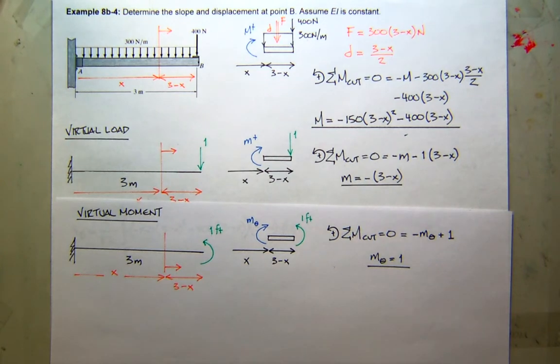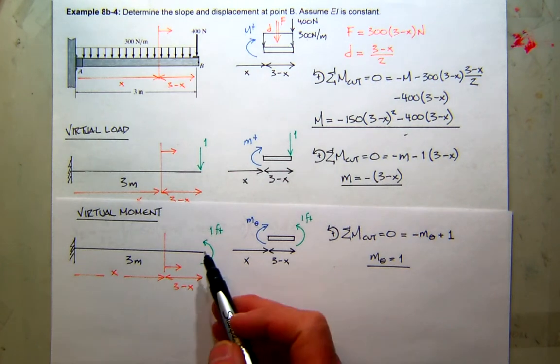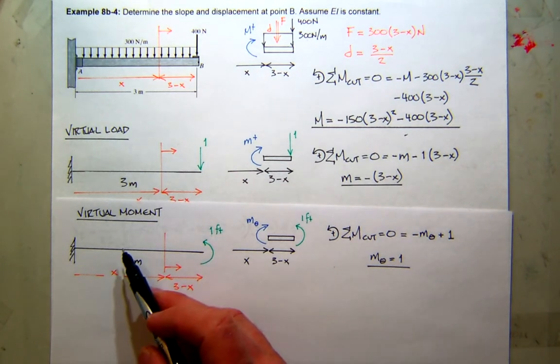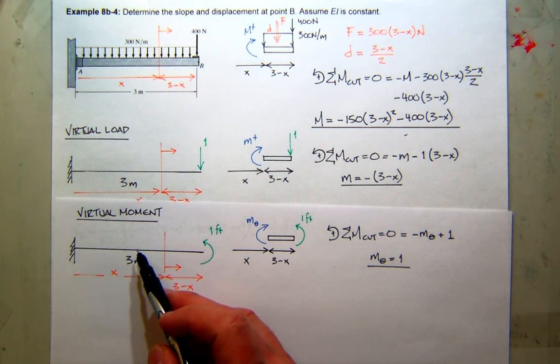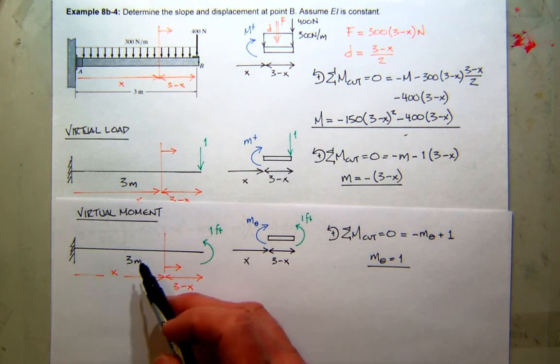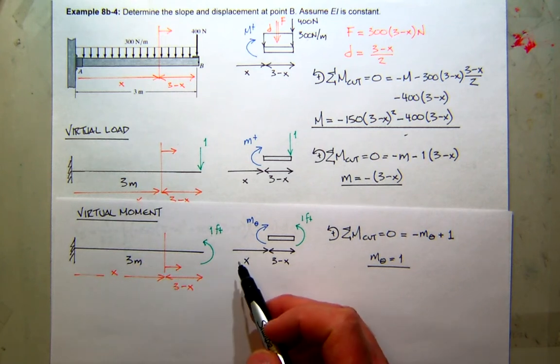What were you going to say, Mr. Kirby? I was going to ask, in what cases would it not equal 1? Any other case but a cantilever at the end. Yeah. Pretty much. Because if I wanted the slope somewhere else, like in the middle of this beam, well, I apply the couple here, right? I'd have one equation that's valid for this section, and then a different equation over here.